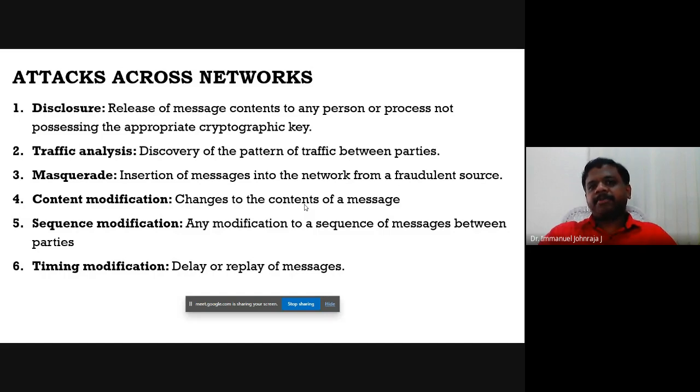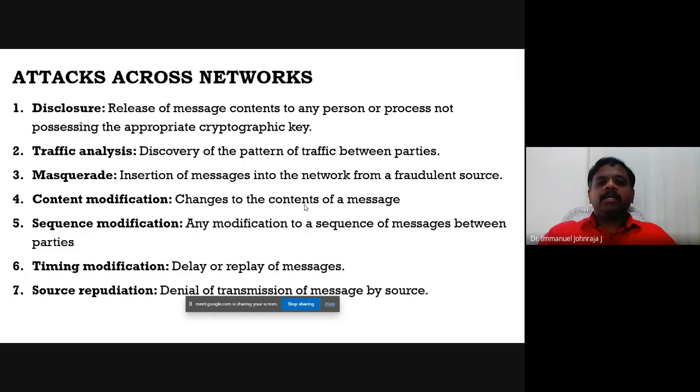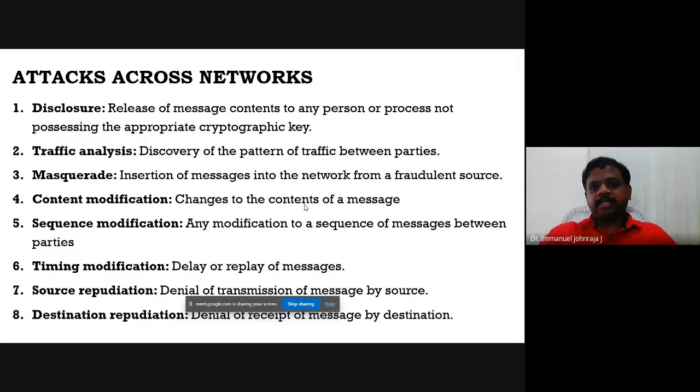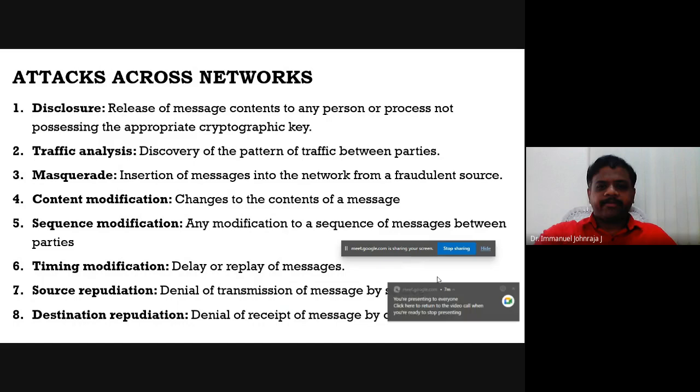Probably it can be captured at a particular time, then by changing the timestamp, the message can be sent across to confuse the receiver. And probably the source and destination repudiation, acting as if I never sent, acting as if I never received that message. All right? So these are the general attacks which are specific to networks.